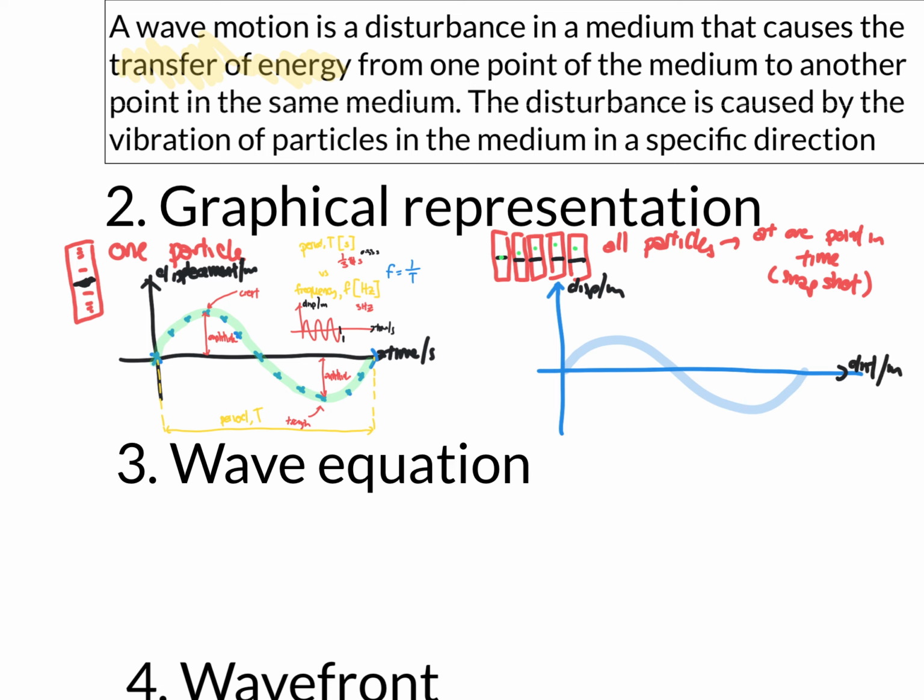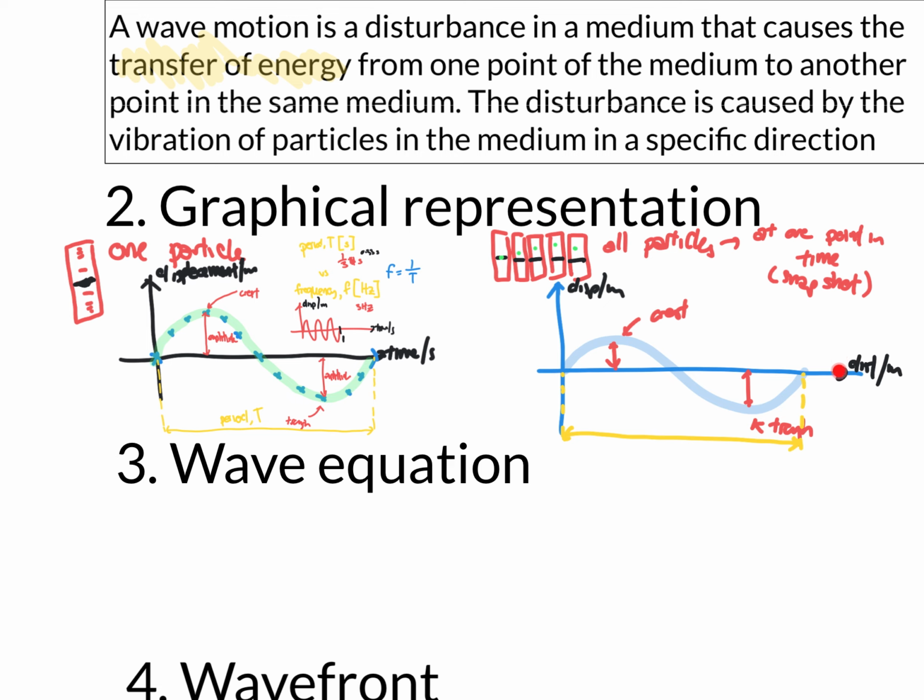So I can still find my amplitude. I still know this is a crest. I still know that this is a trough. But now as I think of one full cycle, this whole thing right now, one cycle is not in terms of time anymore.